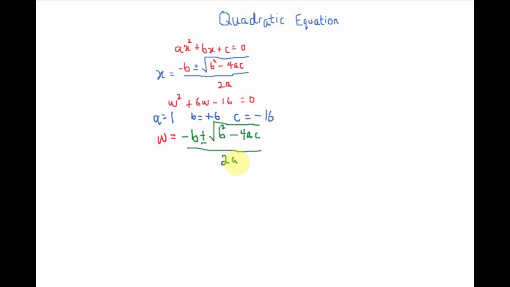So inputting our parameters, we have minus, bracket, b is plus 6.